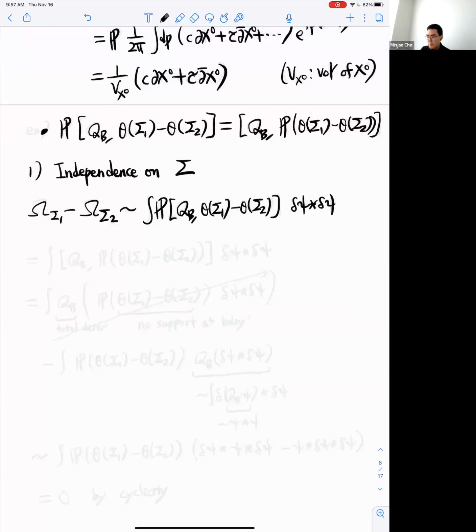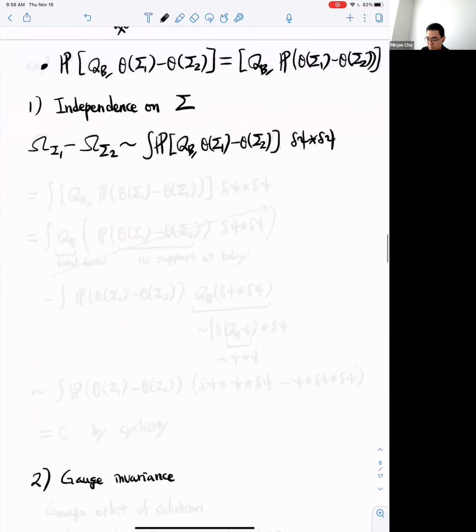I already told you that you can actually move this thing inside because P is now well defined on the difference.